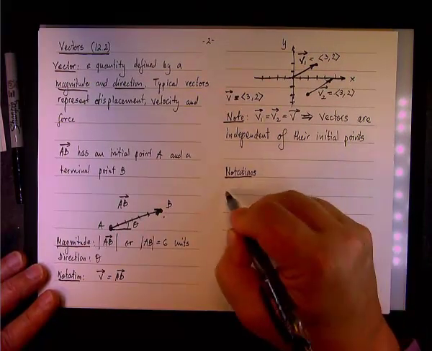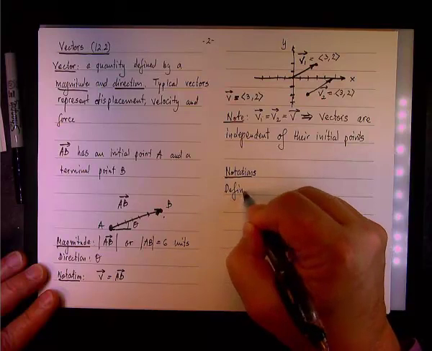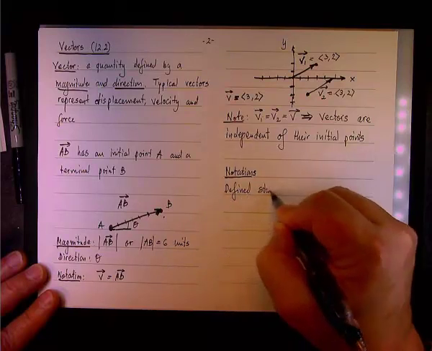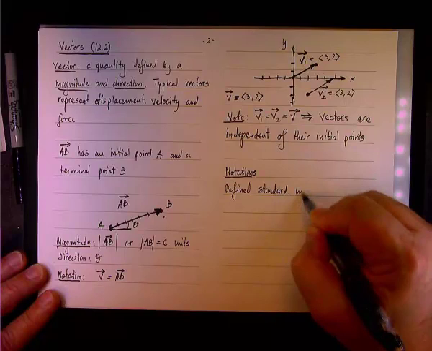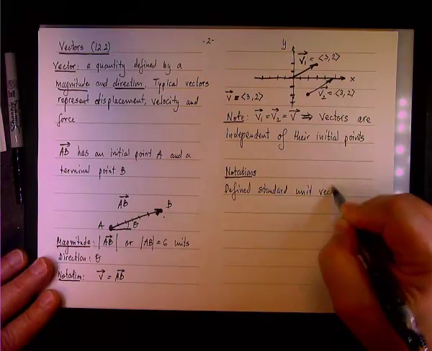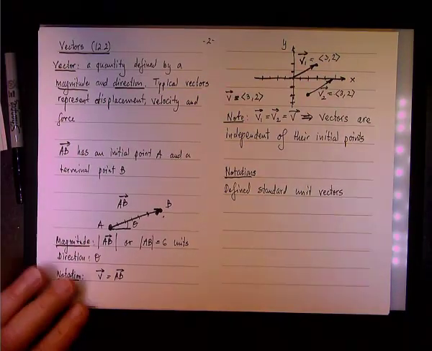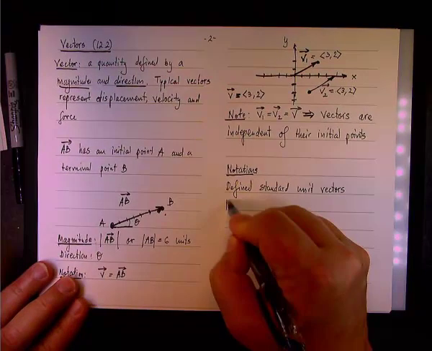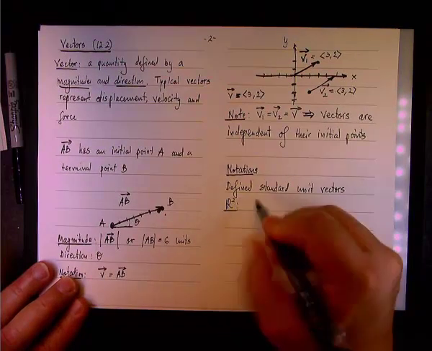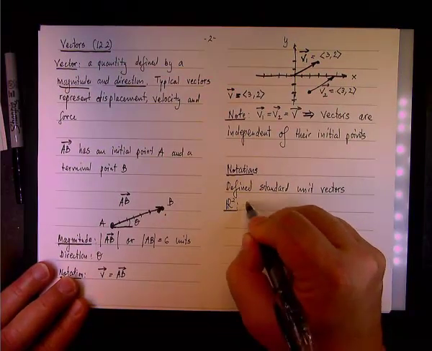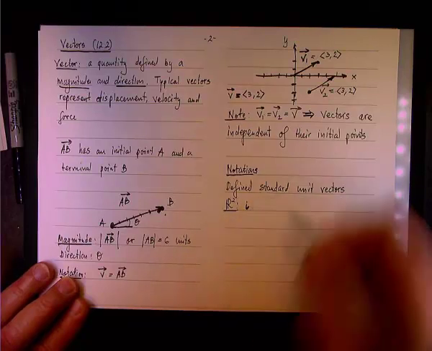Another important notation, which will simplify the representation of a vector, is using standard unit vectors. We'll define standard unit vectors as vectors that have a length of 1, a magnitude of 1, and they're pointing in the x direction or the y direction, and if we are dealing with R3, in the z direction.